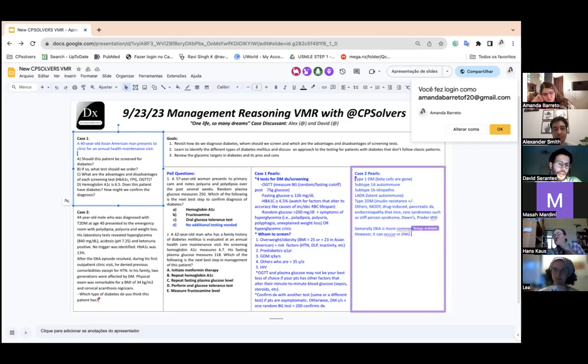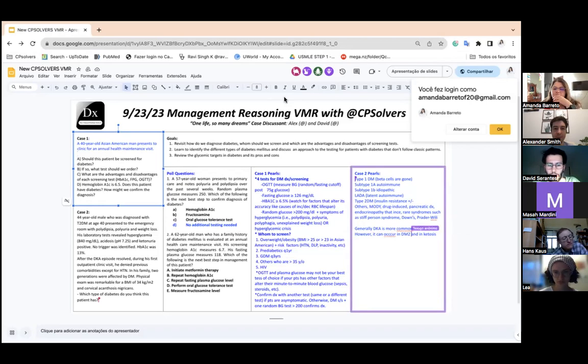So there are some patients that have more beta cell dysfunction and can present with DKA, as I said, even in the context of a stressor or not, just an unprovoked DKA.